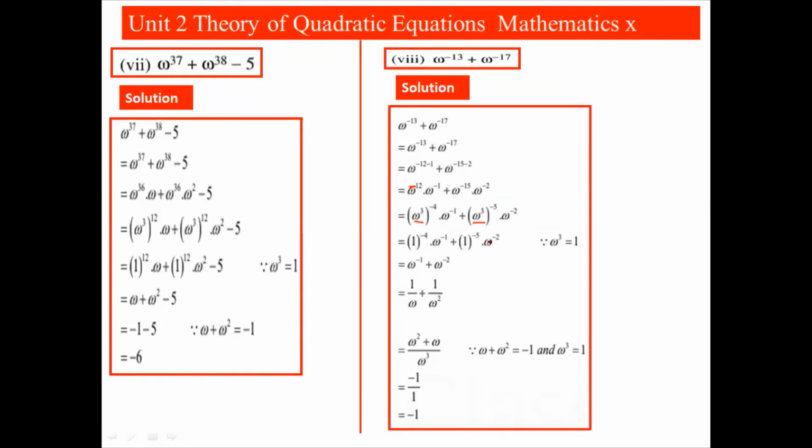So we have minus omega plus omega raised to power minus 1 and omega raised to power minus 2. This can be written as 1 by omega, and this can be written as 1 by omega square. So 1 by omega, and we have 1 by omega square.